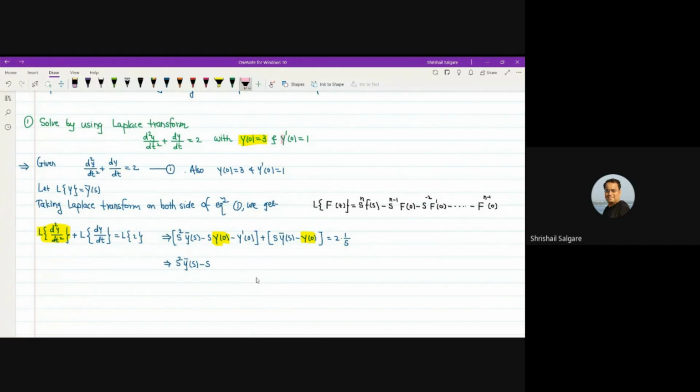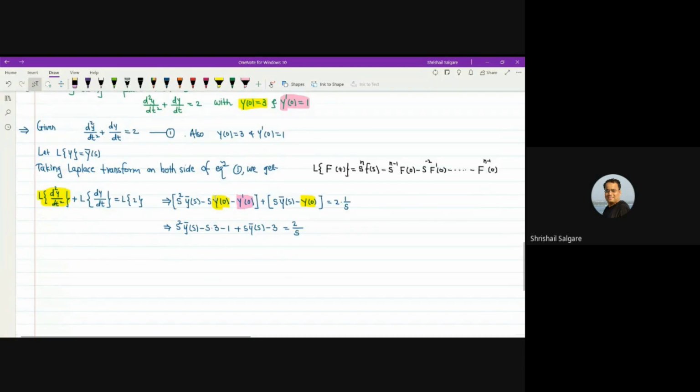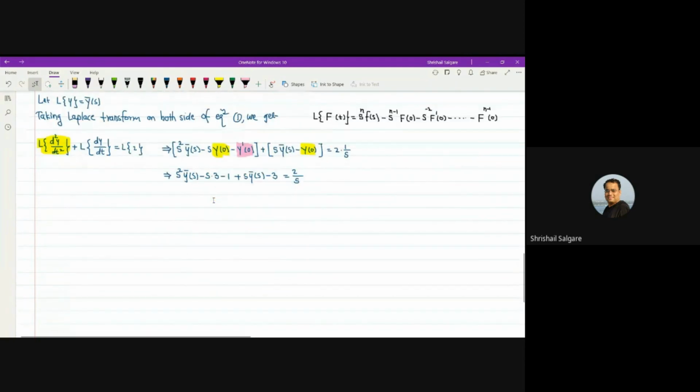And y dash at 0 is given as 1. So that value I will substitute: s into 3 minus 1 plus s into y bar of s minus 3 equal to 2 by s. Here we are simplifying the steps by substituting the particular values.